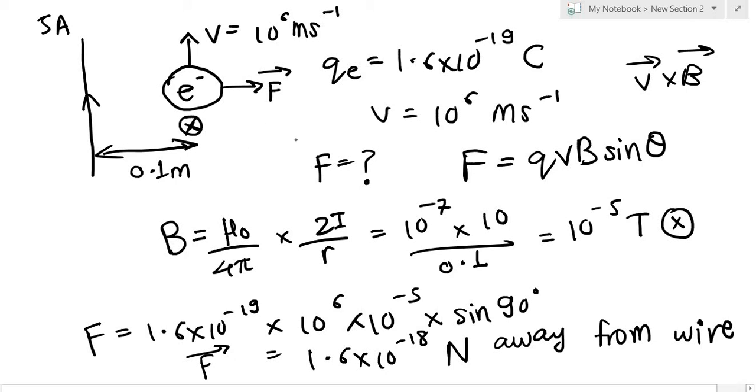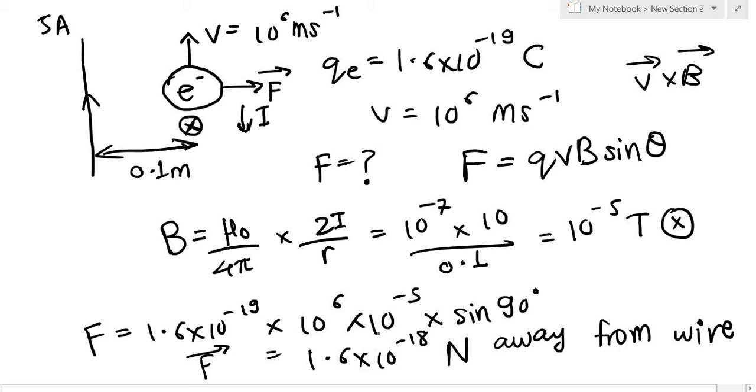Or if you want to do it by the ILB method, Fleming's left hand rule, the current is going down, magnetic field is going inwards, so the force would naturally go away from the wire, right? Current and negative charge go in the opposite direction. Current is in the direction of the positive charge by convention, but anyway we have to follow it. So 1.6 times 10 to the power of negative 18 newtons away from the wire.